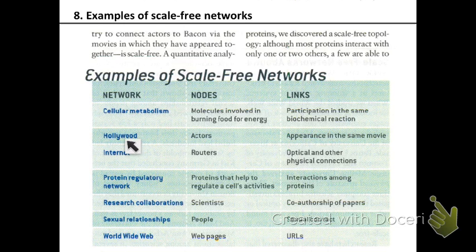And then, for example, in Hollywood, if you take all the actors as the nodes and then put an edge between them, so if two actors are in the same movie, you put an edge between them, so that the edges would be the appearance in the same movie.